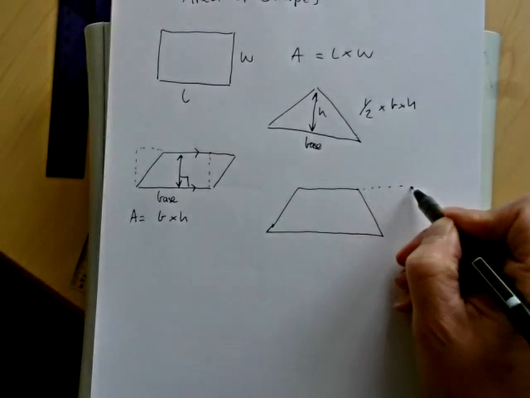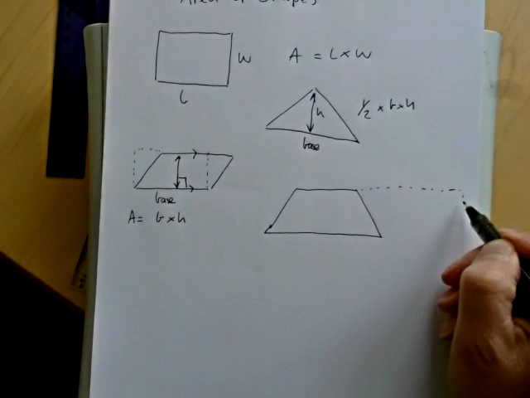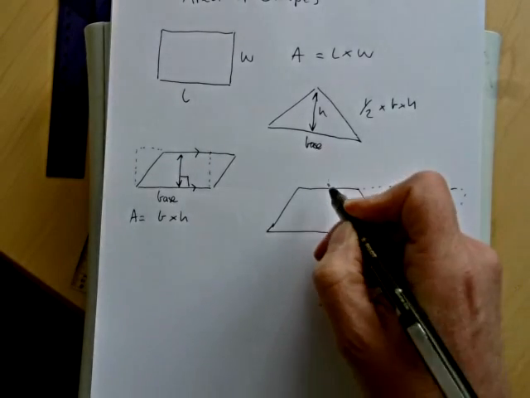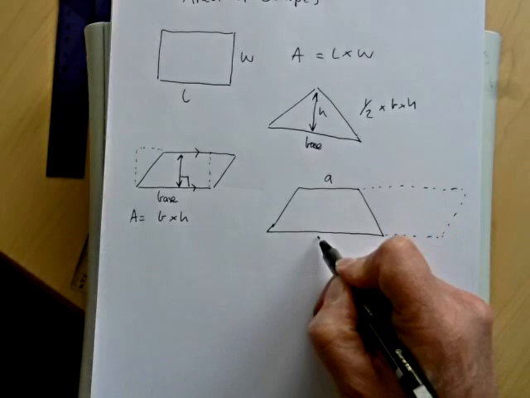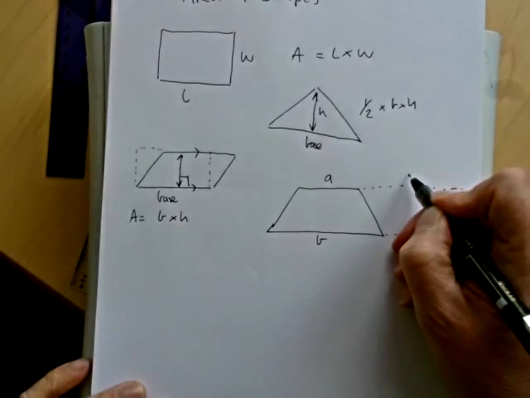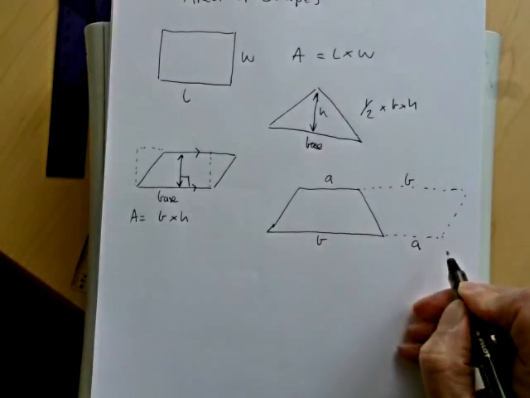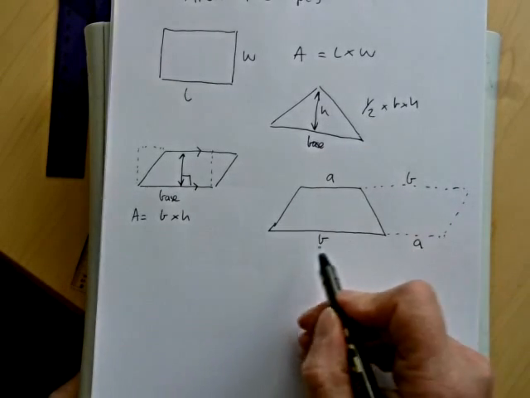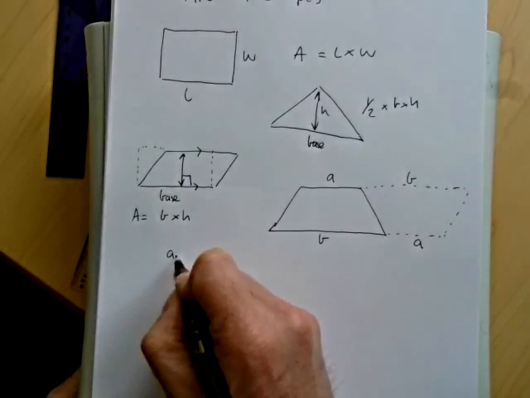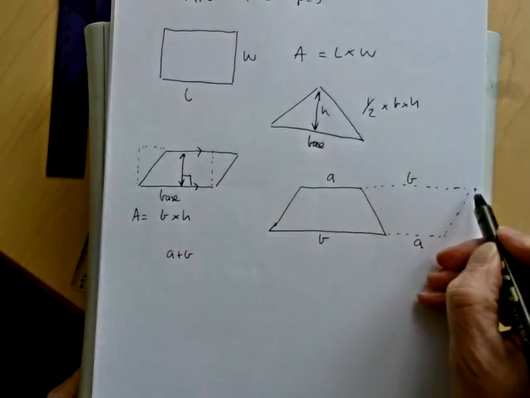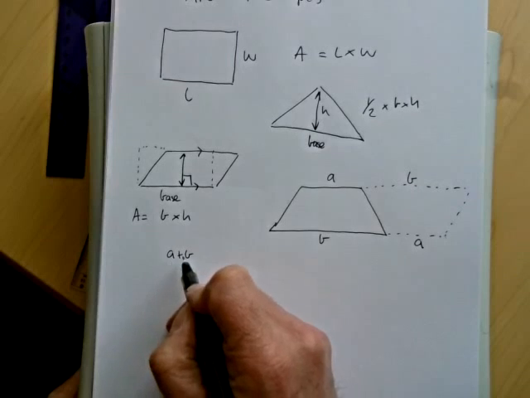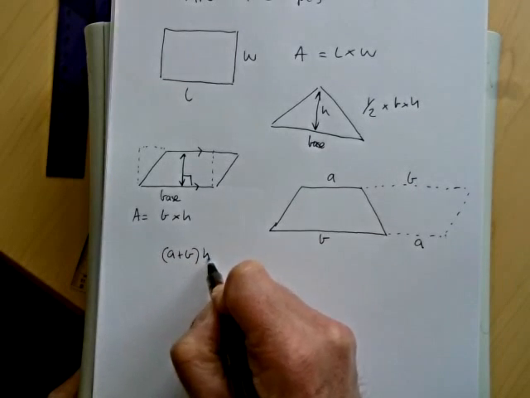Now your trapezium is basically half of a parallelogram. So if we call the top and bottom of the trapezium A and B, if we turn this upside down, then our full length would be A plus B. To get the parallelogram formed by the two trapeziums, it would be the base, which is A plus B, times the height.